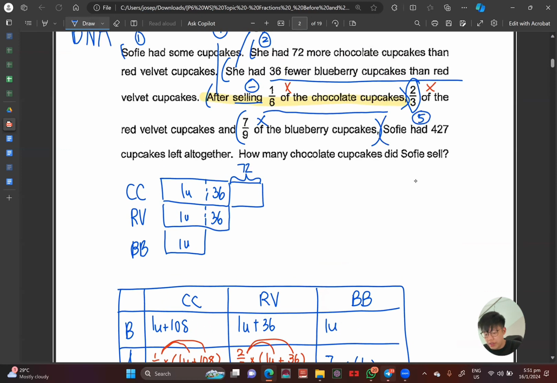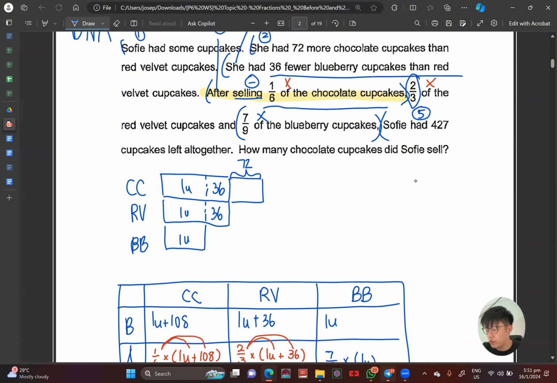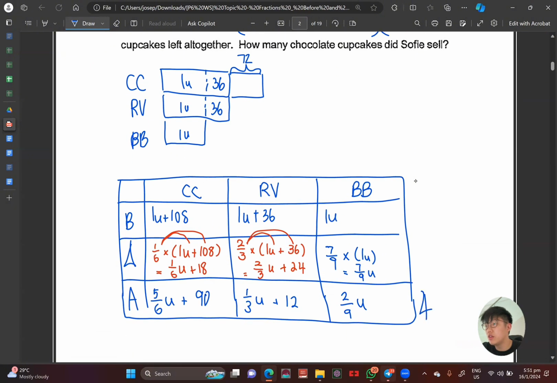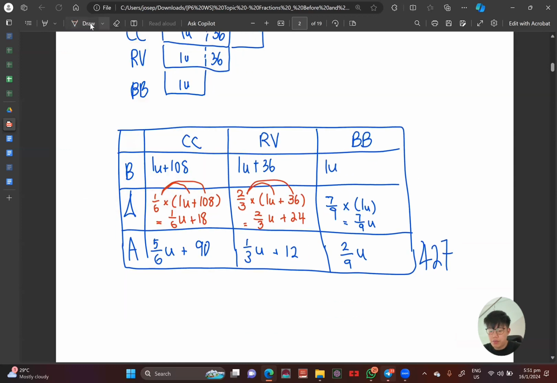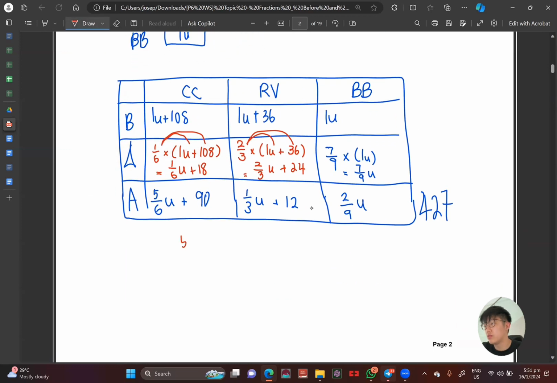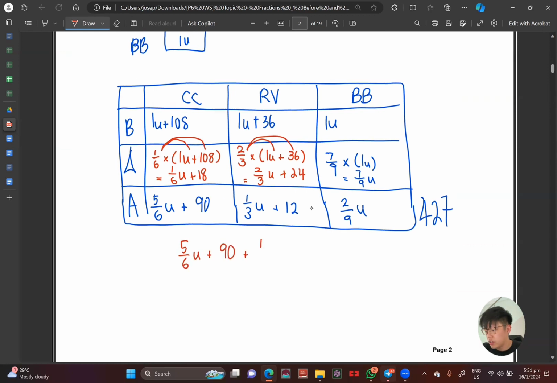Sentence number 5 says that Sophie had 427 cupcakes left altogether. So 427 is over here. So what we can really do is simply just this, right? 5/6 units plus 90 plus 1/3 unit plus 12 plus 2/9 unit is equal to 427.